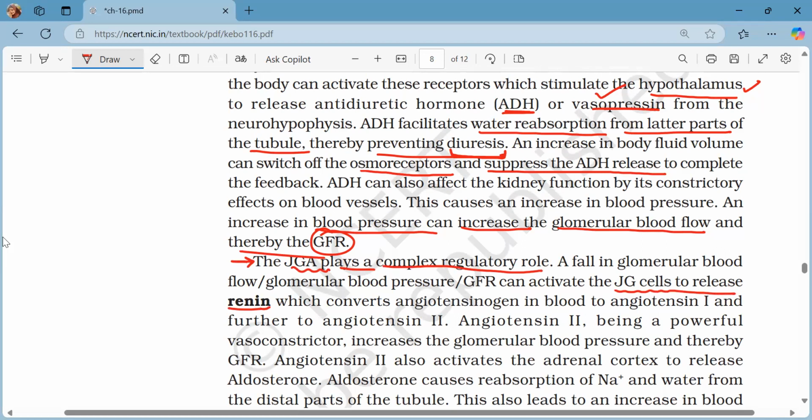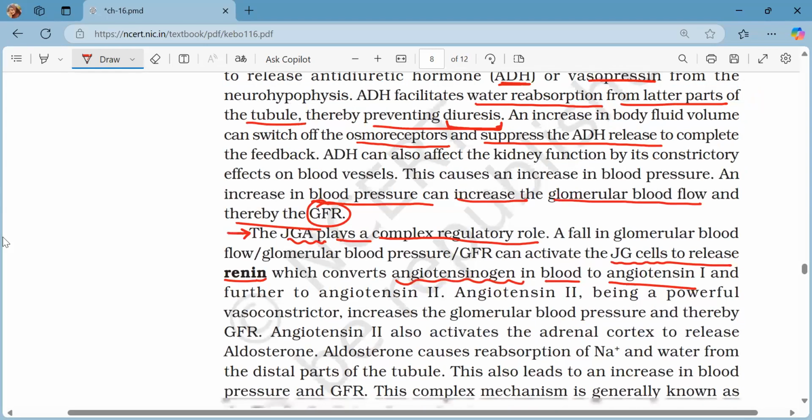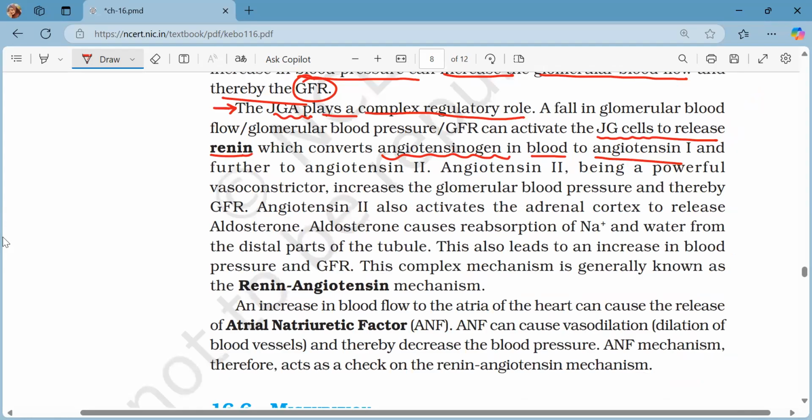Renin is responsible for converting the angiotensinogen present in our blood to angiotensin 1 and then to angiotensin 2, one after the other. Angiotensin 2 is a powerful vasoconstrictor. Again, it increases the blood pressure and thereby increases the GFR.